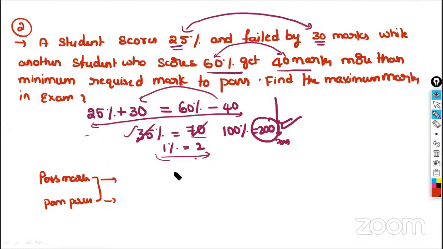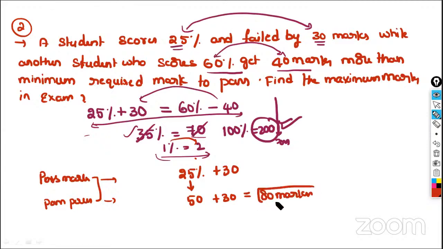So 25% plus 30. I want to convert this percentage into marks. 1% I know already, it is 2 marks. That means 25% is 50 marks. So 50 plus 30, how much? 80 marks. 80 marks is the pass marks.